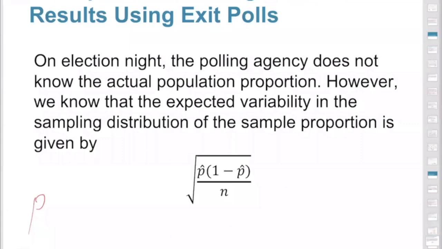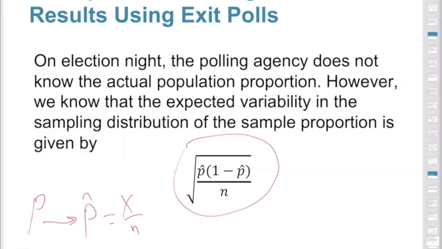So in this case, you will use what? P hat. So instead of P, you will use P hat in practice. And the P hat, as I said to you, is X divided by N. Right? And then you can find the standard deviation, square root of P hat times 1 minus P hat divided by N.